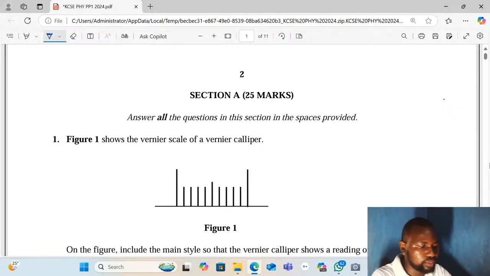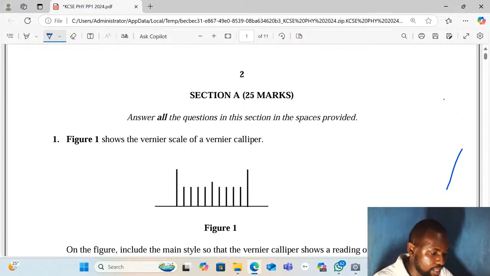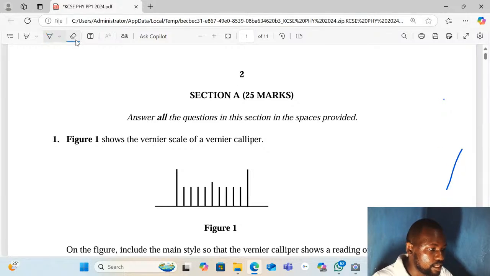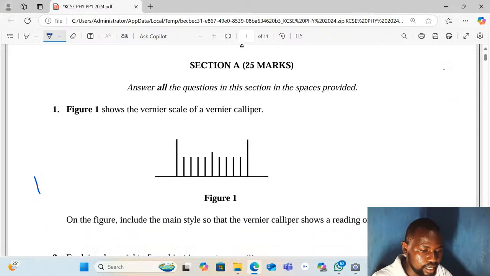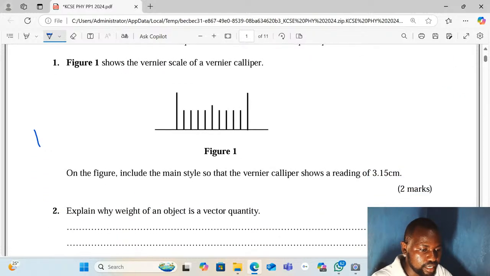Then you're told to include on the figure the main scale. They have written the main style, but it was supposed to read the main scale. So that the vernier caliper shows a measurement of 3.15.